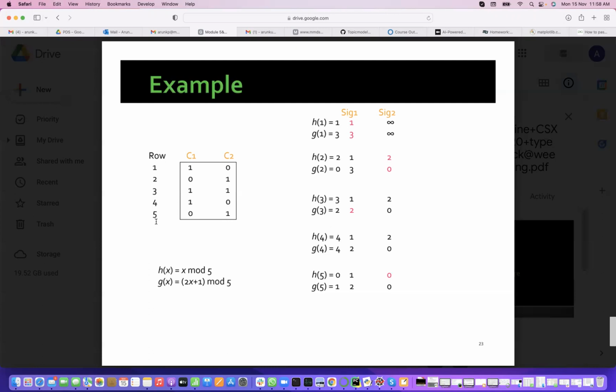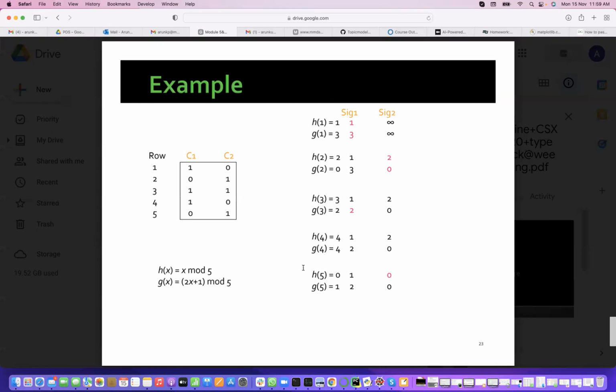Now 5. Where will it go? 5, 10 plus 1, 1. We should be very careful here, right? If 1 is having 1, this 2 will be replaced with 1. So what is the fifth row in the present order? What is the column value for the fifth row? 0. That is in permuted order for the first row, remember. But it is not 1, so we won't replace.